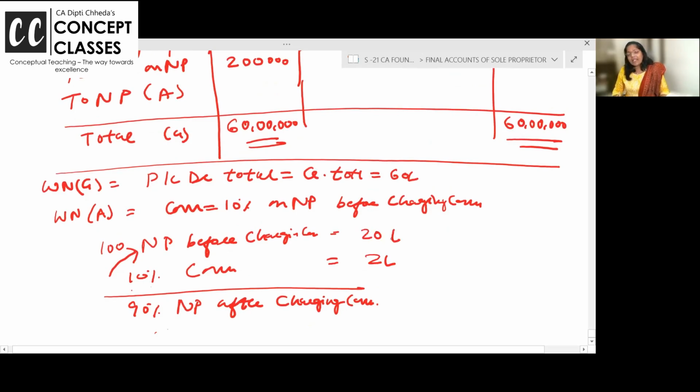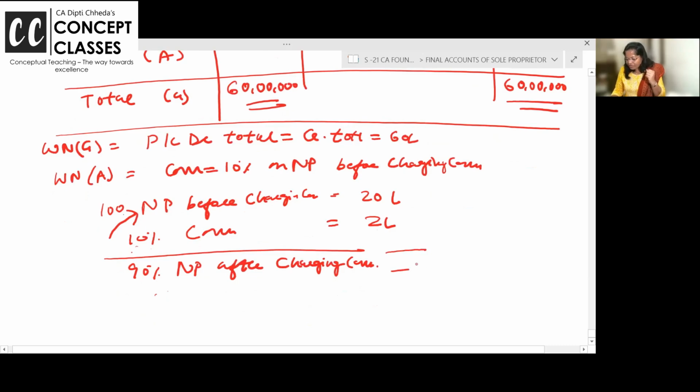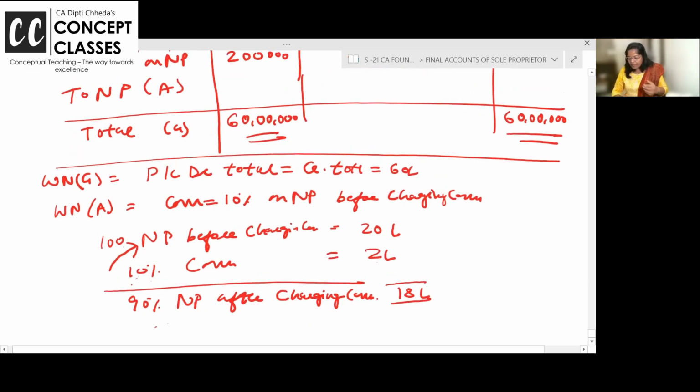So can I say net profit before charging the commission must be 20 lakhs? 2 lakh is 10%. So 100% is 20 lakhs. And after charging, it will be 18 lakhs. That's why I wrote here net profit as 18 lakhs.